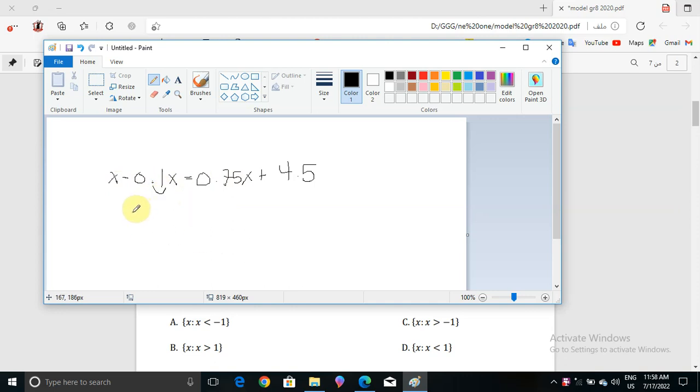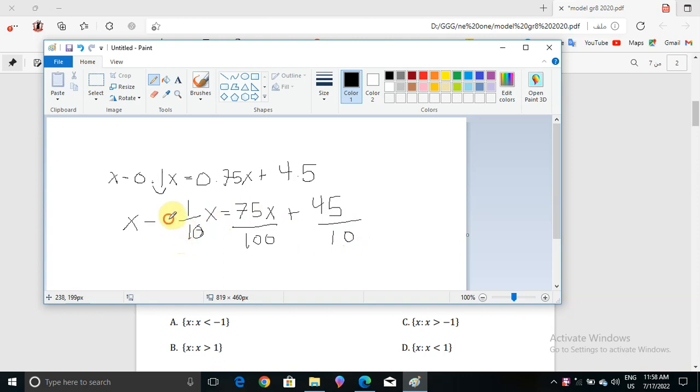So that means x minus 1 over 10 x is equal to, it will be what here? 75x over 100 plus 45 over 10, right?